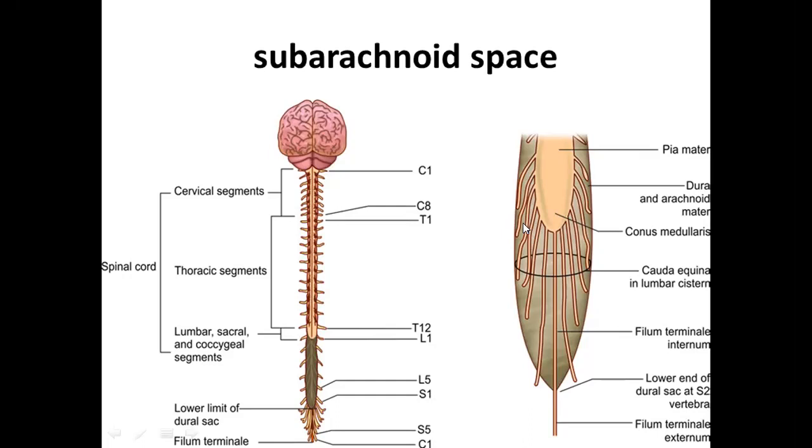Cauda equina means the tail of the horse, which gives the same shape. So the subarachnoid space contains the cauda equina, which are the spinal nerves descending downward in the subarachnoid space to leave this space at their corresponding intervertebral foramen.